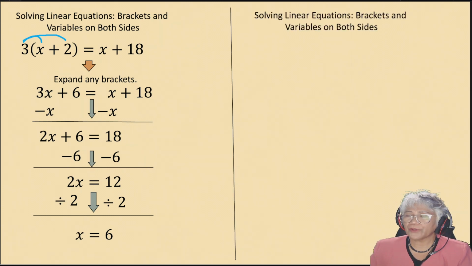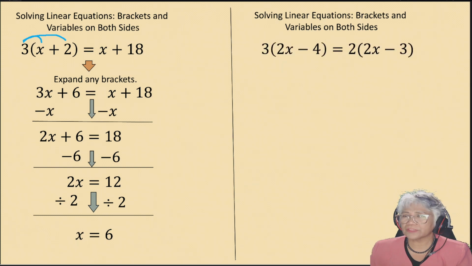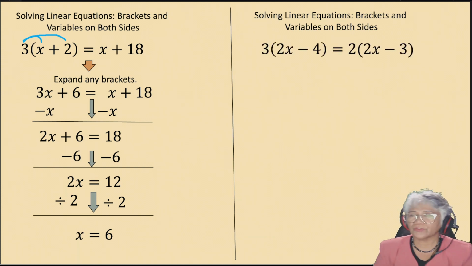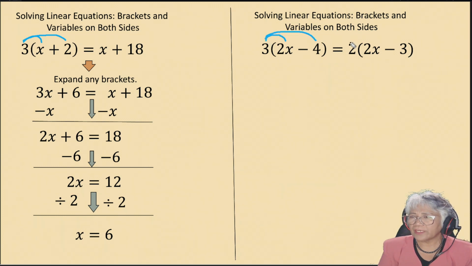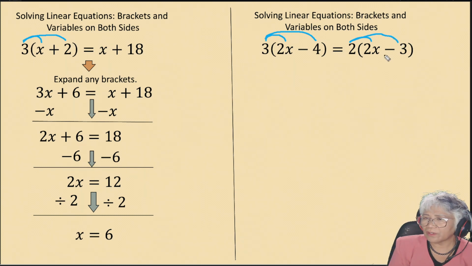Brackets and variables on both sides. So we'll see what kind it is. So there are 2 pairs of brackets. So first up here, we need to expand this left side, and we need to expand also the right side. So we go multiply this way and then that, and you have this one with the other number there.